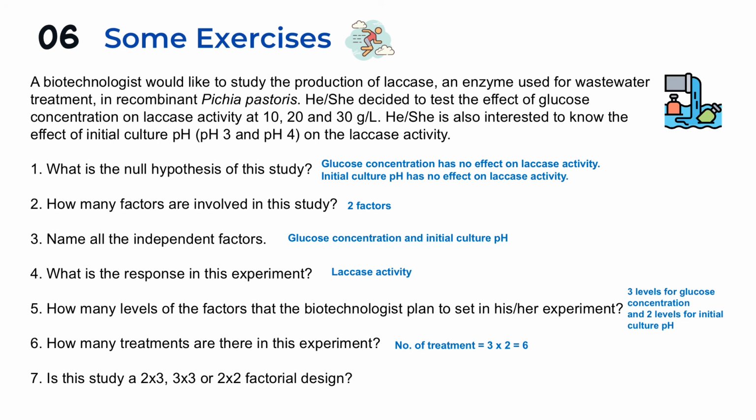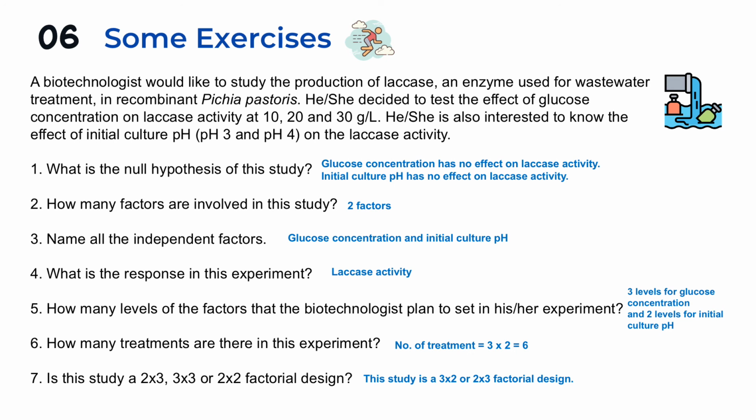The seventh question, is this study a 2 times 3, 3 times 3, or 2 times 2 factorial design? There are two answers. It is either 3 times 2 or 2 times 3 factorial design. The reason is, if we assume glucose concentration, which has 3 levels, as the first factor, and the pH as the second factor, it will be a 3 times 2 factorial design.